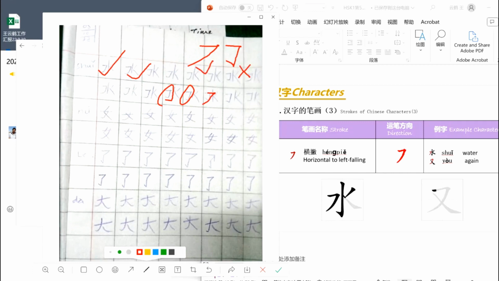女, that's right. This one, all of your 撇 has the same problem, which it goes up, but it shouldn't go up. 撇 is just a left falling. 撇 is just falling, not going up. 好, that's right.